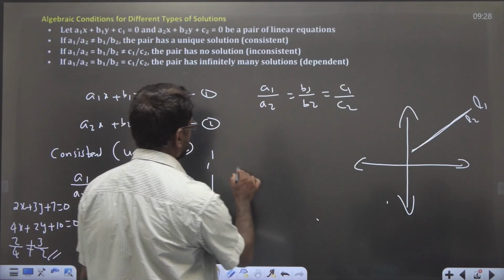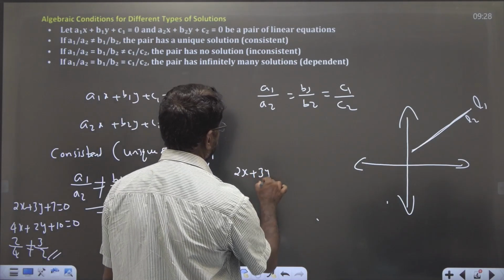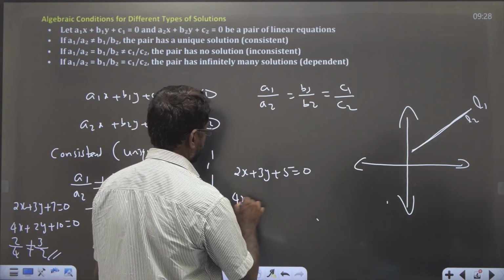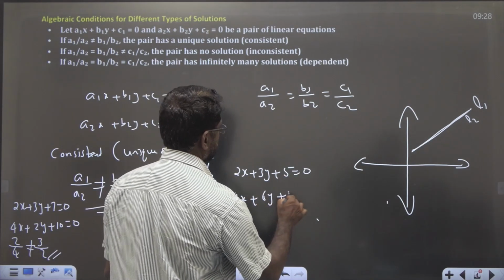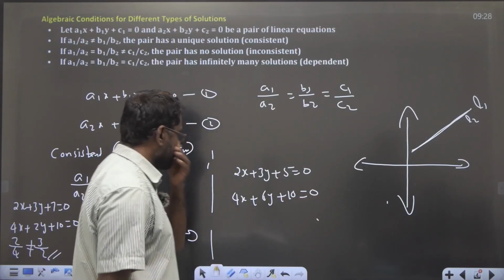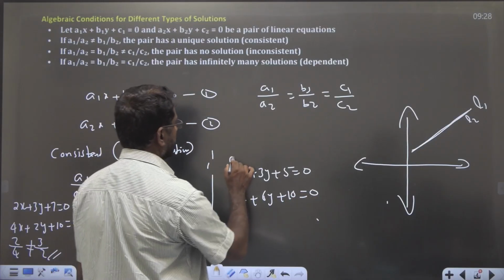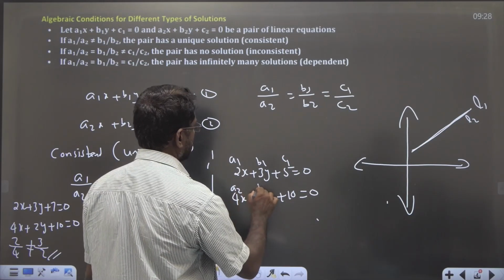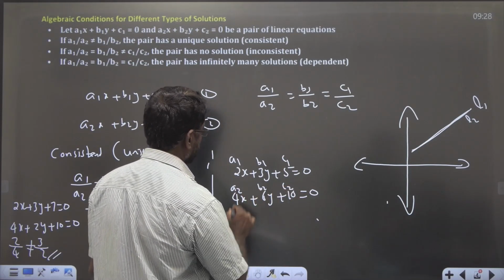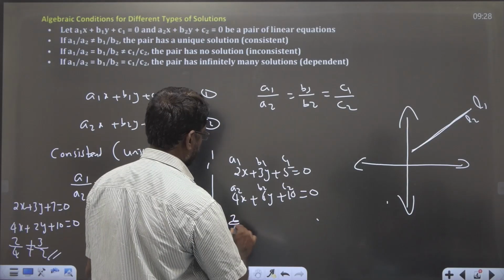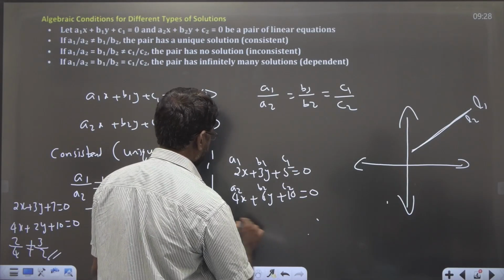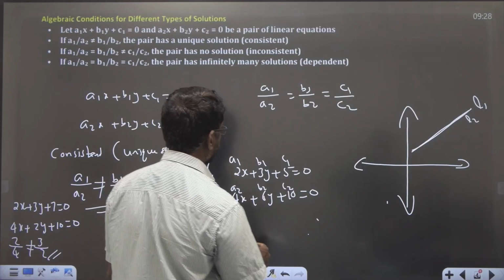For example, 2x plus 3y plus 5 equal to 0 and 4x plus 6y plus 10 is equal to 0. Look here, what is a1? This is a1, this is b1, this is c1, this is a2, b2, c2. a1 by a2 is 2 by 4. What is b1 by b2?